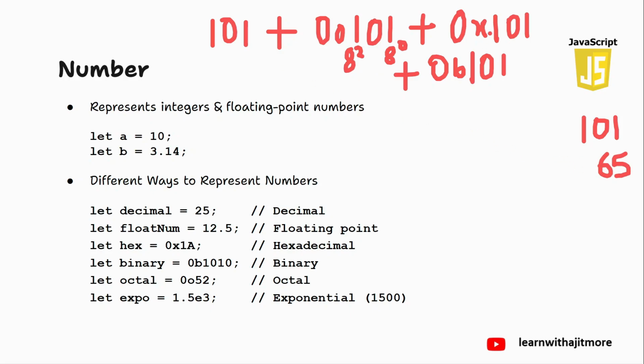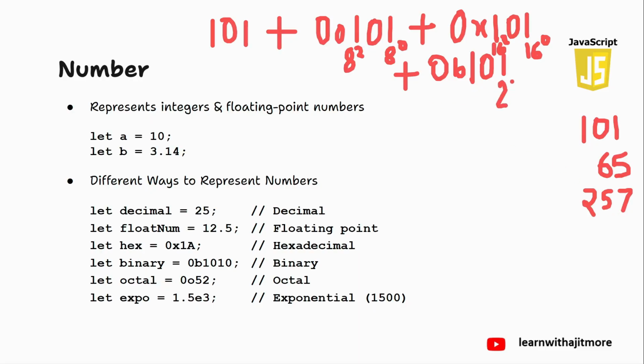Right? This is hexadecimal. So obviously it will take powers of 16: 16 raised to 0, 16 raised to 1, sorry, 2, because that 1 is skipped. So 16 raised to 2 is 256, and 16 raised to 0 is 1, 1 into 1. So 256 plus 1, 257. And last, this is binary.